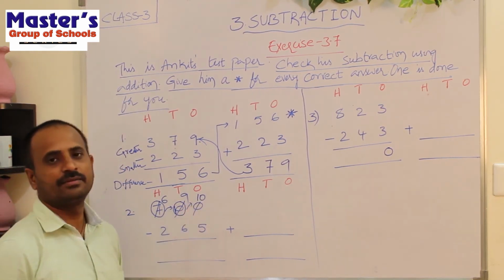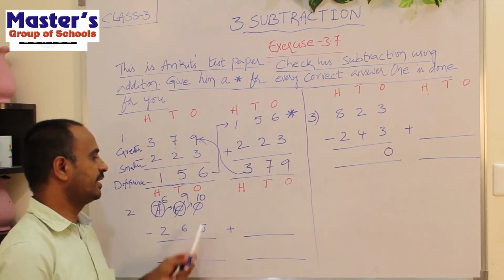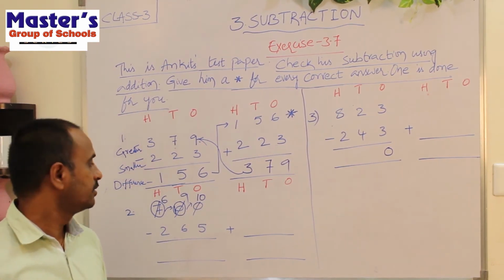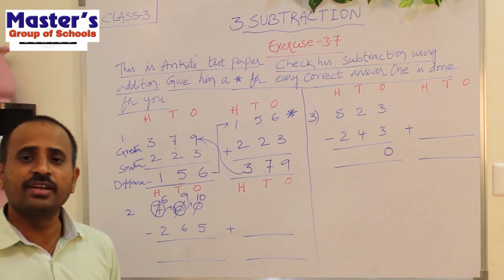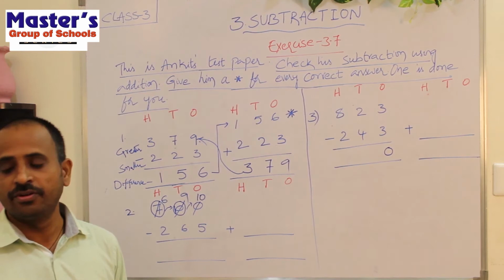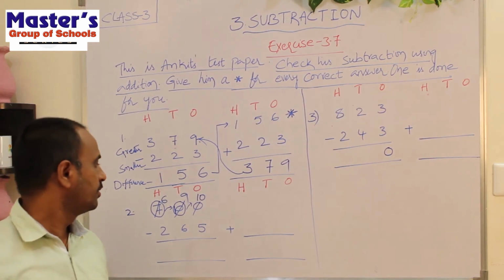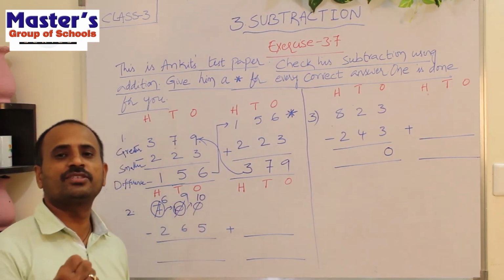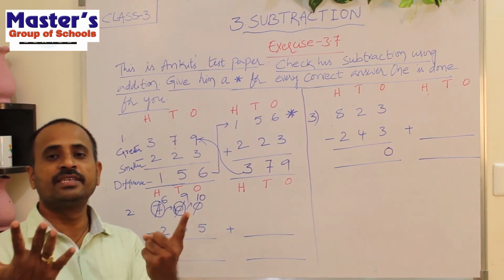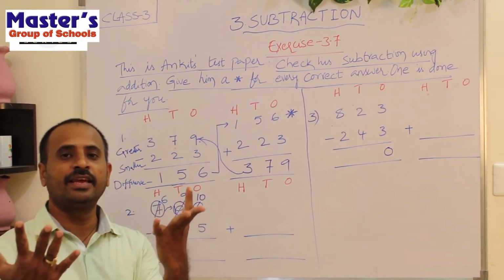Subtract 5 from 10. So what is the first number here? 10. So open 10 fingers of your hand, and close 5 fingers among these 10 fingers. 1, 2, 3, 4, 5, 6, 7, 8, 9, 10.